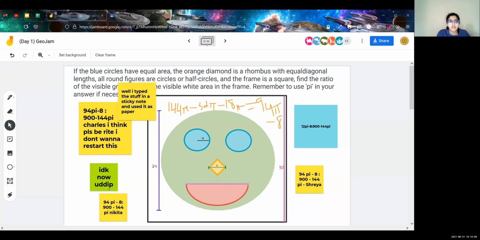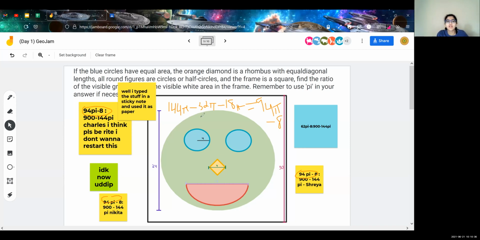As I see in many answers, like this one, this one, and this one. You guys got the first part, right? Okay, now for the second part, we have to find the visible white area. The visible white area would just be the area of the square minus what the area of the circle would be if we did not have anything on the green circle.